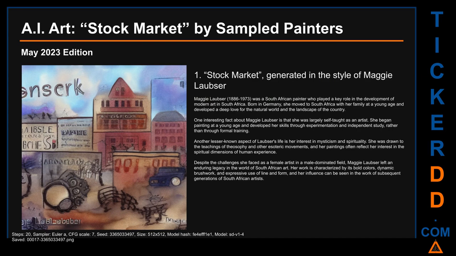Despite the challenges she faced as a female artist in a male-dominated field, Maggie Laubser left an enduring legacy in the world of South African art. Her work is characterized by its bold colors, dynamic brushwork, and expressive use of line and form, and her influence can be seen in the work of subsequent generations of South African artists.